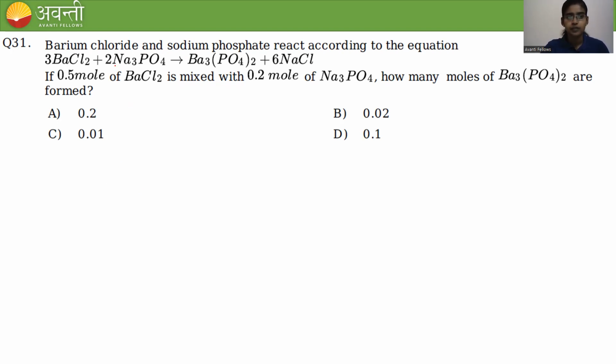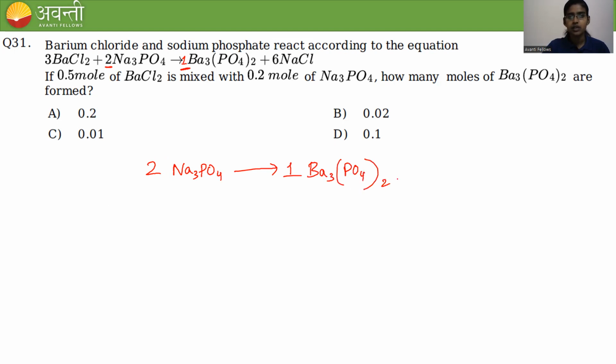But important. Here you can see that 2 moles of sodium phosphate react to give 1 mole of barium phosphate. Got it? So 2 moles of sodium phosphate give 1 mole of barium phosphate in the given equation.